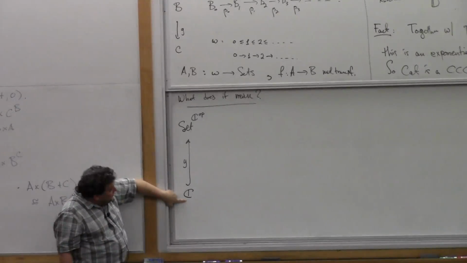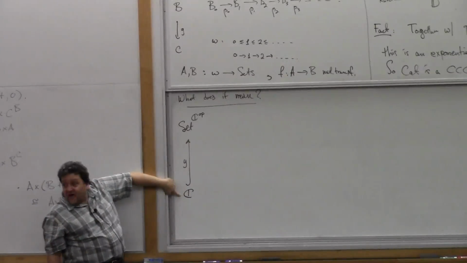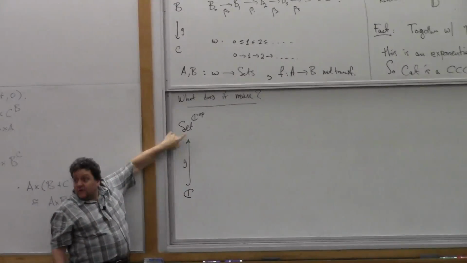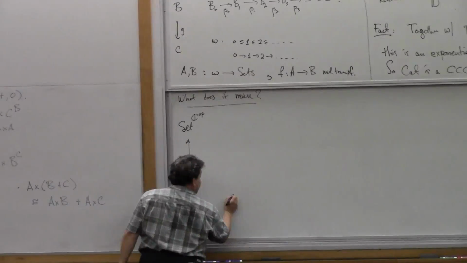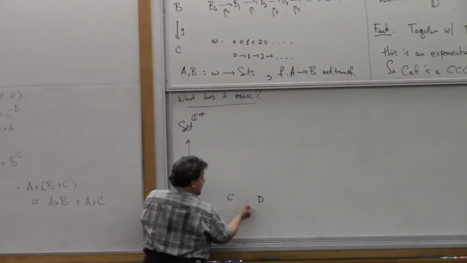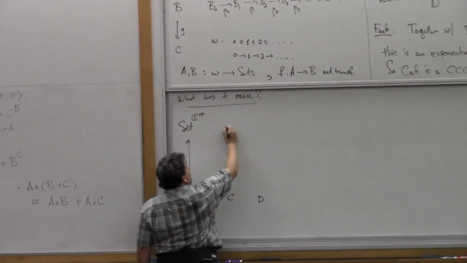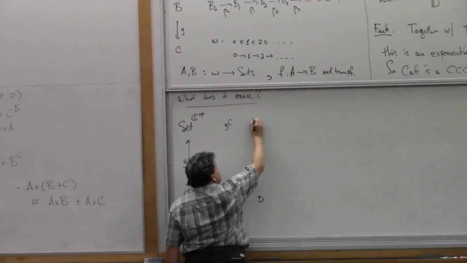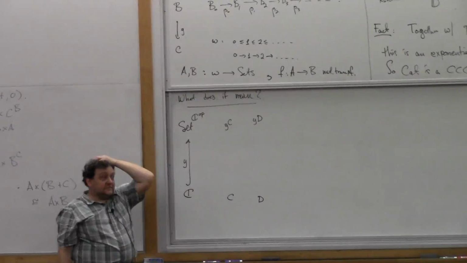And now, if we knew that this embedding was really good, and we want to study this category, we could go up here, use that machinery to prove things about the objects in C. So we take C and D, we want to prove something about them. We send them up here with the Yoneda embedding, and now we use some higher order machinery up there, right?